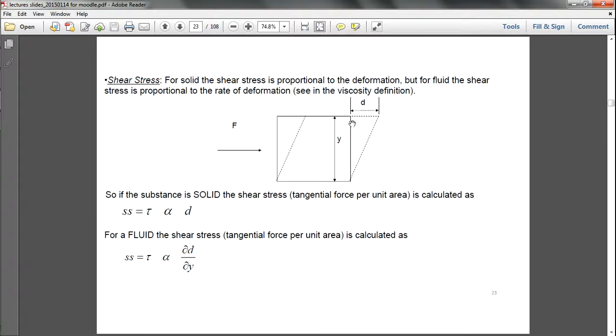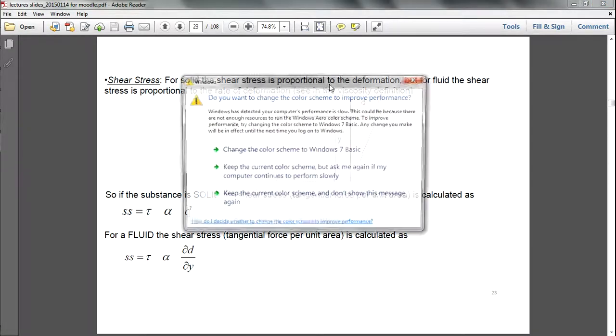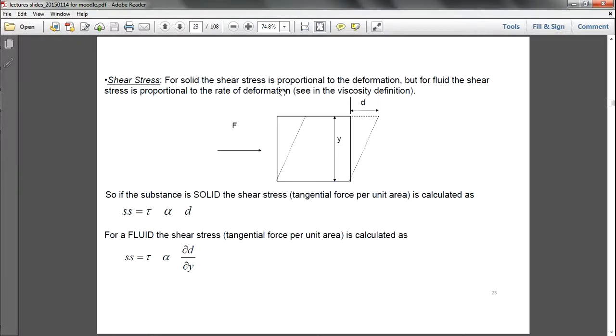So I'm not going to talk about it. Just take note that for the solid, the shear stress is proportional to the deformation itself. It's not equal, it's proportional, because it talks about the strain.